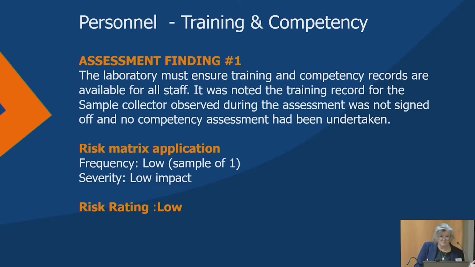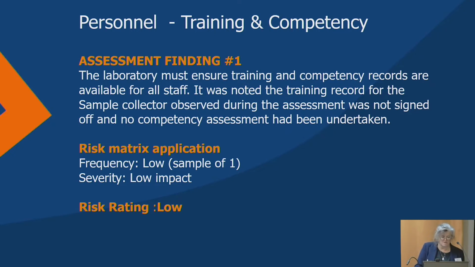It was noted when we went on this assessment that the training records for a sample collector observed during the assessment were not signed off and no competency assessment was available on the day. Without any more context, we don't actually know much more about this case.